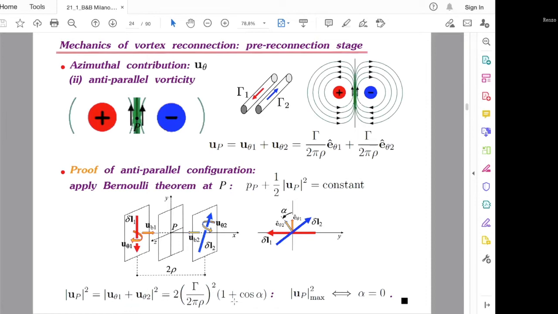And by elementary arithmetics, you can see that we have 1 plus cos alpha coming out. So if alpha is 0, in other words, if they are anti-parallel, we have a maximum of this velocity, and that means, because of the constancy with the pressure, we have a minimum of the pressure. And the minimum pressure is what drives together these vortices.